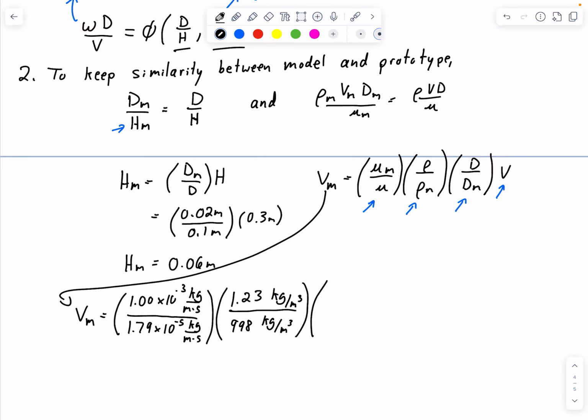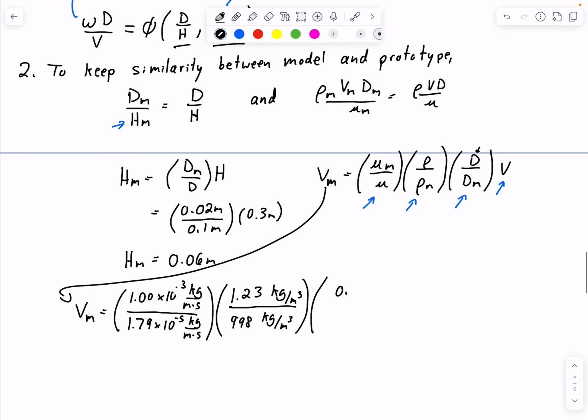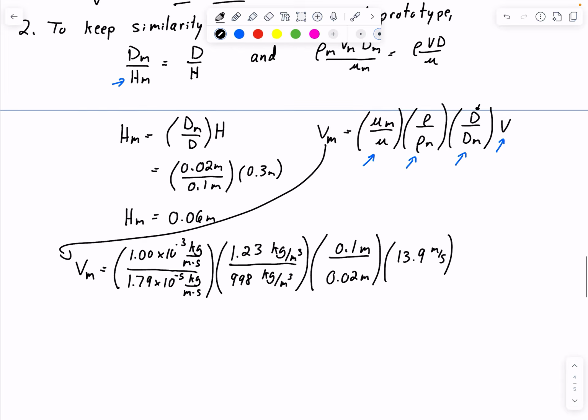And then we have D, capital D right here, of our prototype, which is the original system. So that's 0.1 meters. And we were given as part of the problem that D of the model is 0.02 meters. And finally, we have V. So V is 13.9 meters per second, and that's the speed of the wind, which is the speed of the flow in the prototype.